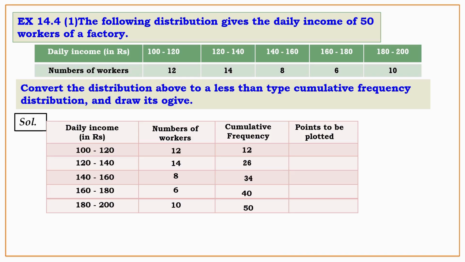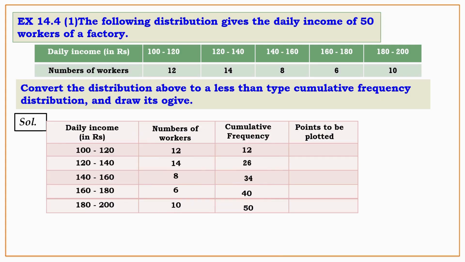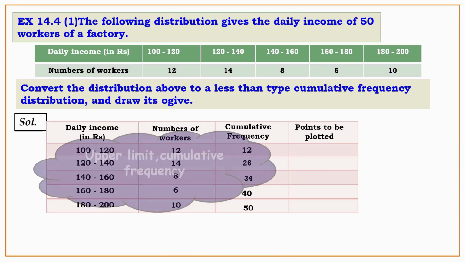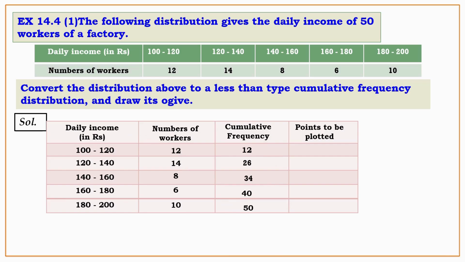Then we need to take the points that should be plotted. The points to be plotted will be x and y. In x we will consider the upper limit of the class interval, and in the y coordinate we will take the cumulative frequency.